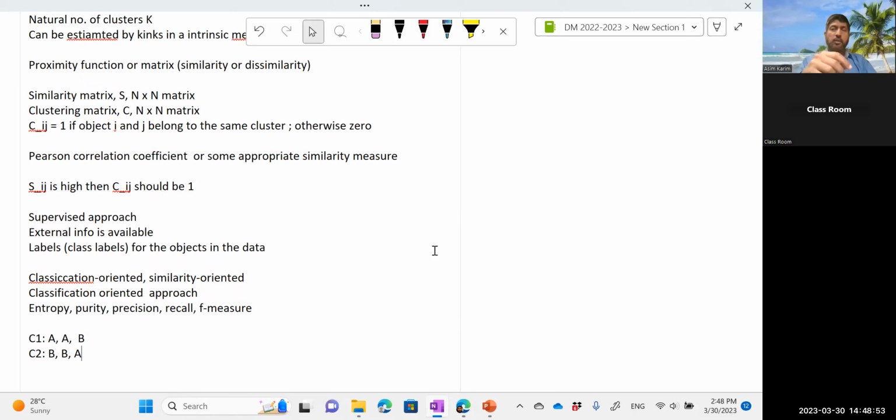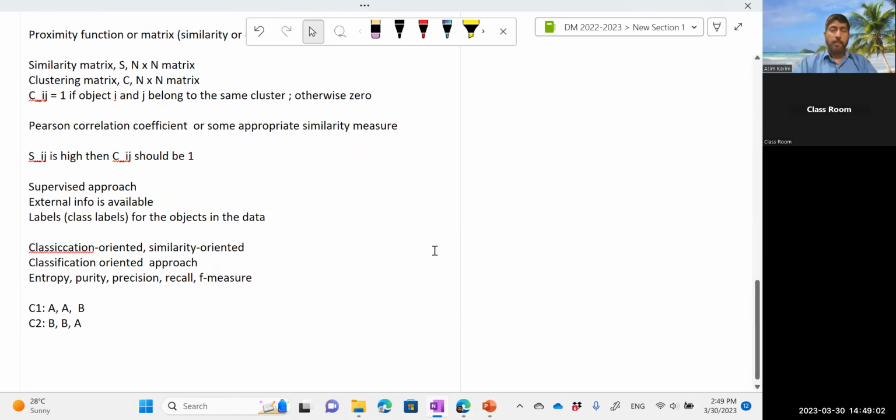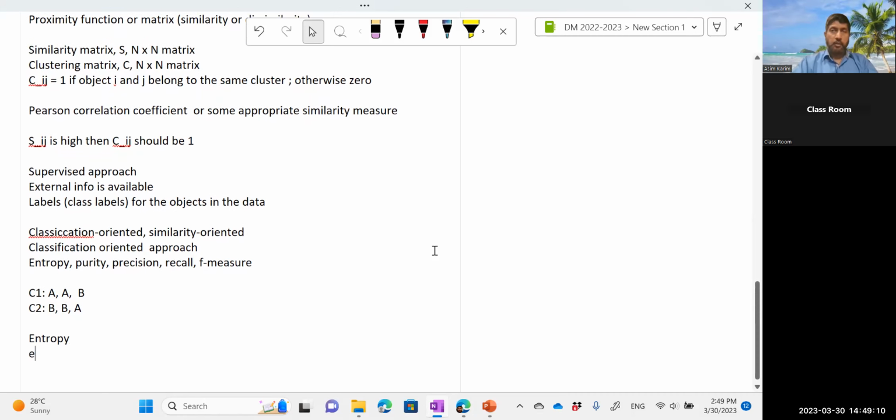So based on these labels, now you can compute these classification-oriented measures. So इस case में, for example, let's say if I talk about entropy, so what is the entropy of cluster one?